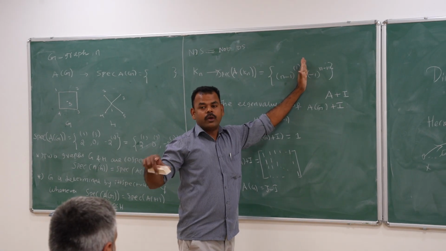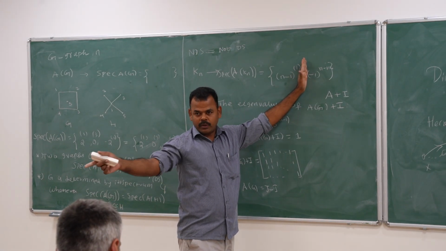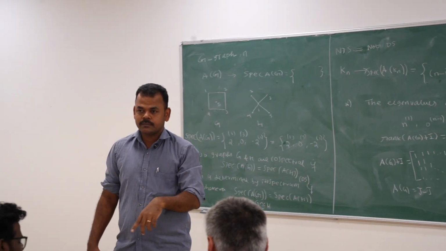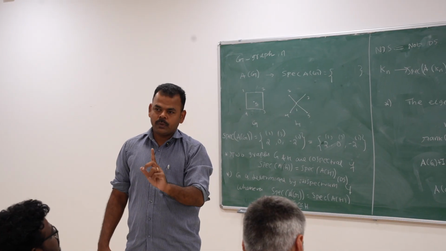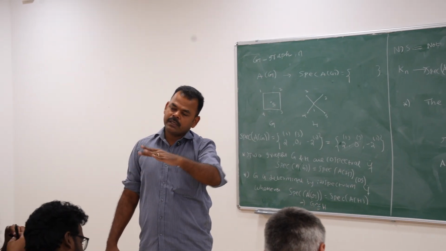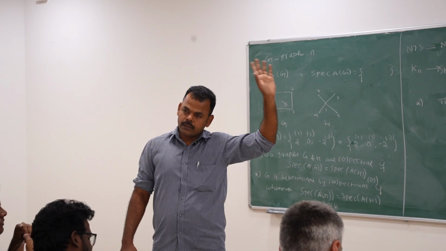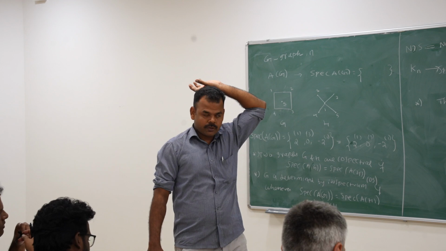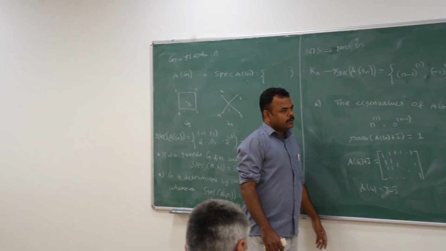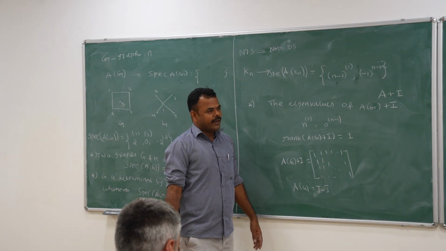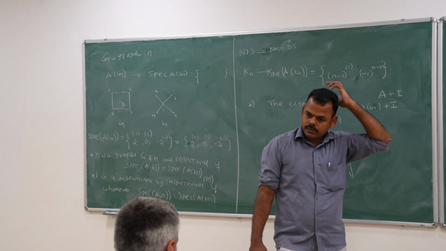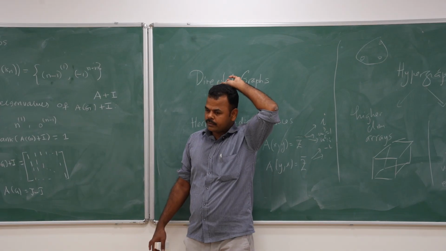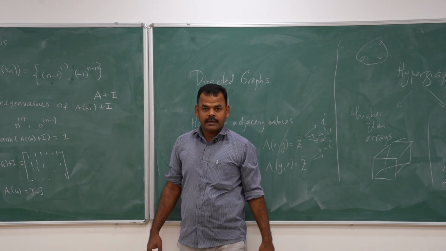Your argument is right: if you keep minus 1 as an eigenvalue with multiplicity n minus 1, since the trace of the matrix is equal to 0, the left out eigenvalue should be n minus 1. That leads to another question: if you have n minus 1 negative eigenvalues, then it should be a complete multipartite graph or the complete graph itself. Yes, that's one characterization.